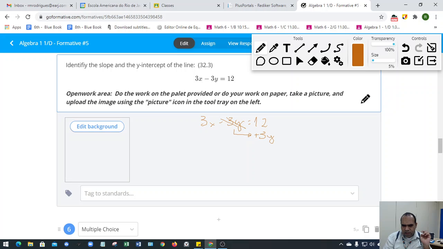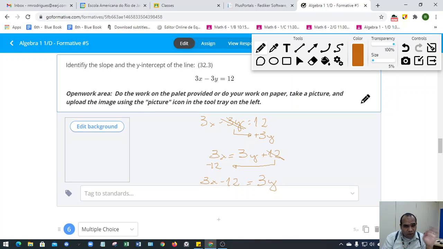And this negative 3y, goodbye. And they just repeat here, 3x equals 3y plus 12. Let's move 12 by its opposite, negative 12. Great, and this 12, goodbye. 3x minus 12 equals 3y. Great. Right now I need to move this number 3 here.